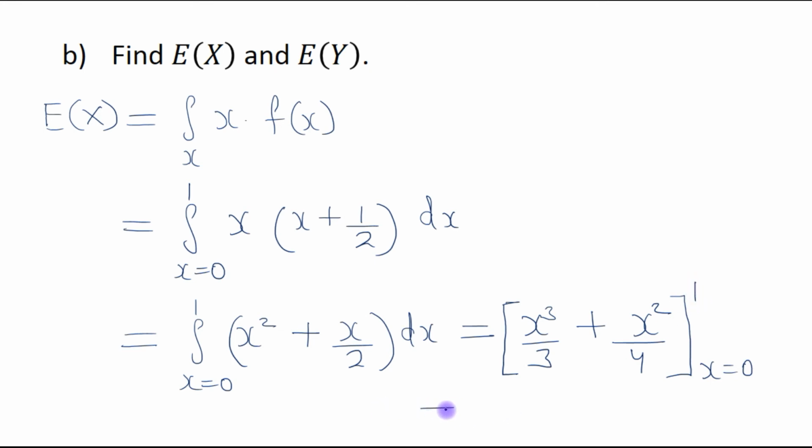Next step, 1 upon 3 plus 1 upon 4 and it is equal to 7 upon 12. So the expected value of x is 7 upon 12.